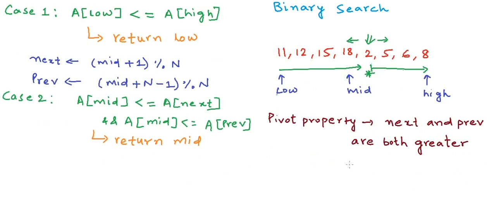Now if the middle element is not the pivot, then can we use a property where we can say that we can discard the right half or the left half and go to one of the halves to search for the pivot element? Well, yes, it is possible.